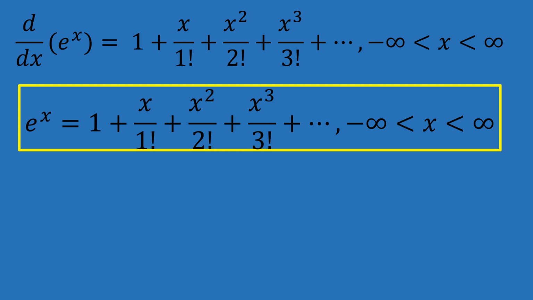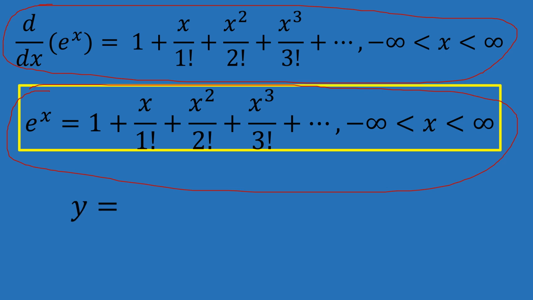So the top value when we differentiated is the same as the original expression of e raised to the power of x. So that tells you and I that if y is e raised to the power x, our differential, which is dy dx, is also e raised to the power of x.